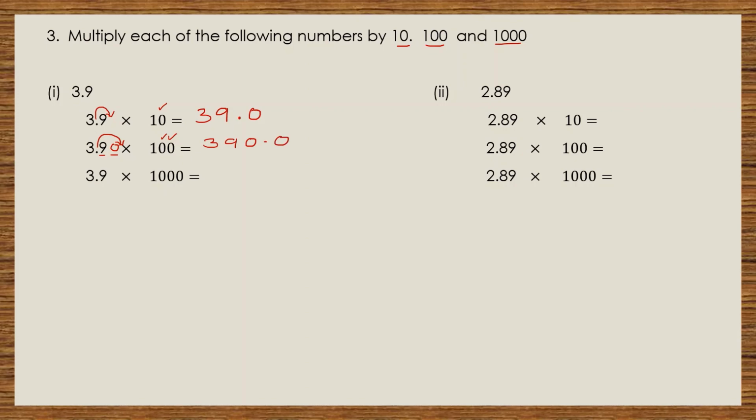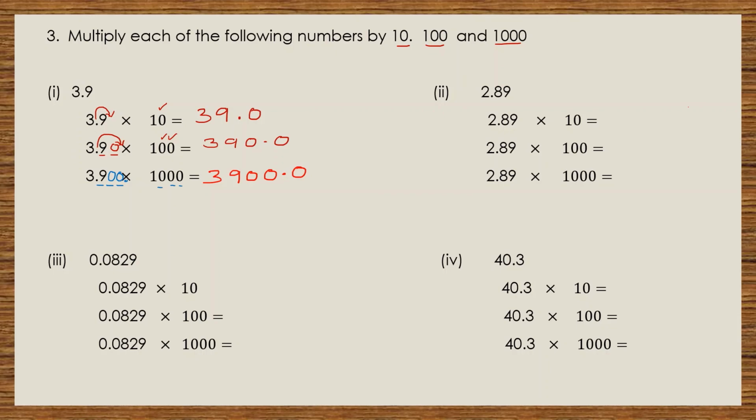That means 390. I can simply write 390 also. Next one, 1000 has 3 zeros. The point has to move three places to the right. 1, 2, 3, and then the point. So I'm going to put 1 and 2 zeros and then the point. My answer is 3900. So when you multiply by 10, 39, by 100, 390, by 1000, 3900.